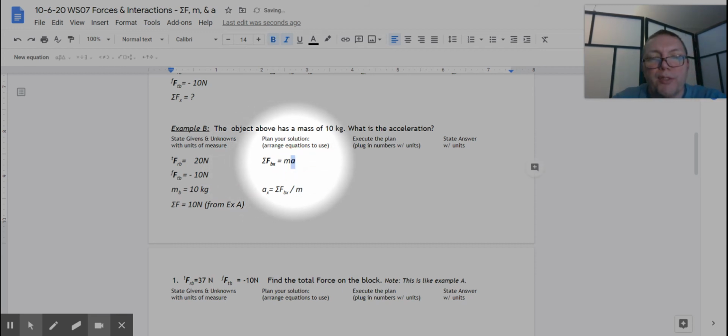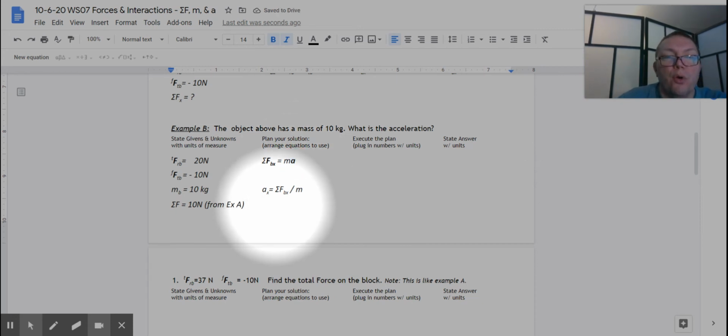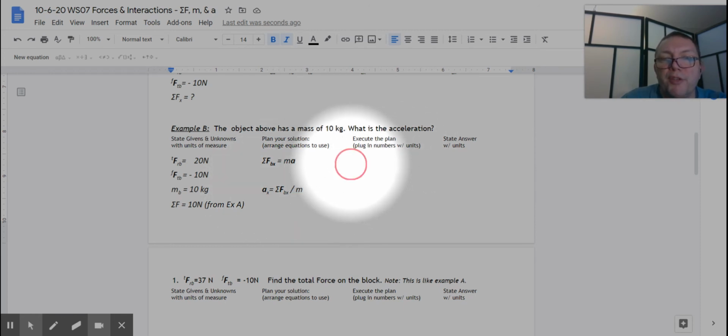But we want to solve for acceleration. So if we rearrange this, we get acceleration in the x direction is the total force on that block in the x direction divided by mass. So this is planning out the solution, solving for acceleration in the x direction.